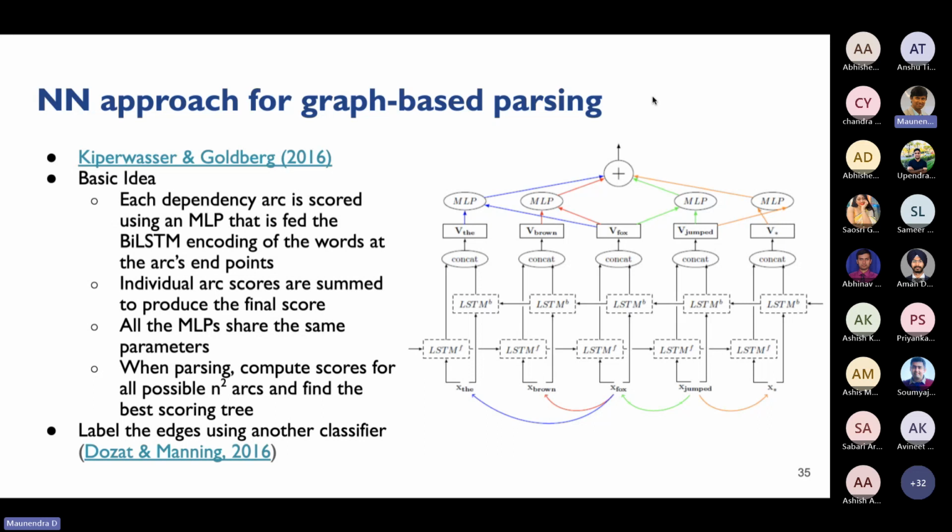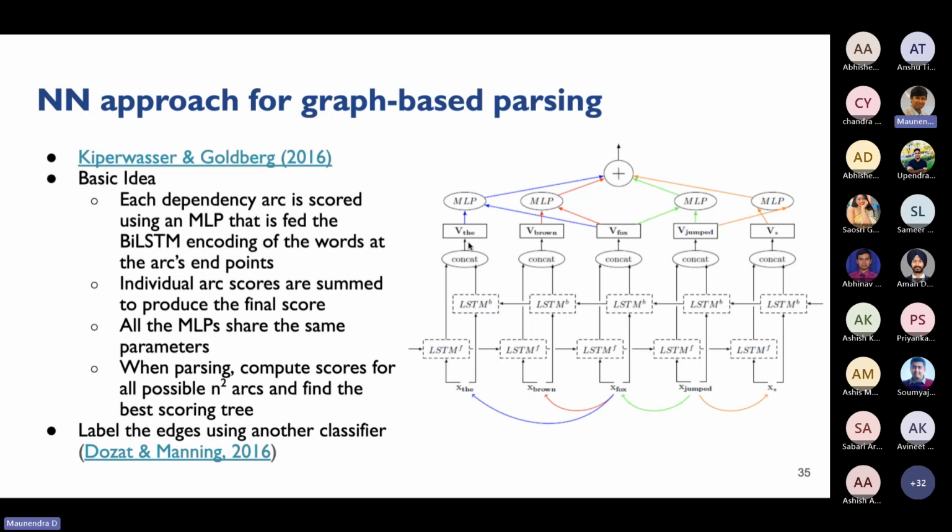So what this algorithm does is, for each possible edge, it predicts a score. Then it solves some optimization to pick the final tree, which is nothing but a collection of edges from the collection of the edges. And for each edge, the score is there. So what they do is, for each word, get the embeddings, and based on these embeddings, for each pair of words, identify a score.